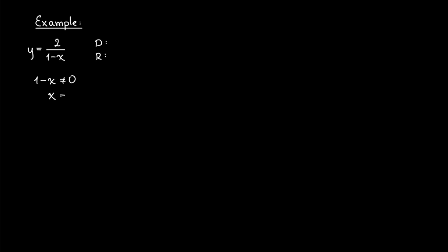So that tells us that x cannot be equal to 1. So hence, the domain is going to be x belongs to all real numbers except for that 1. What this also means is that we will have a vertical asymptote, which I'm going to write as VA, at x equals 1. This is going to be that vertical line which our graph won't ever cross.